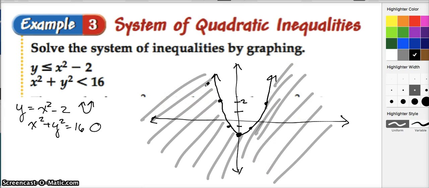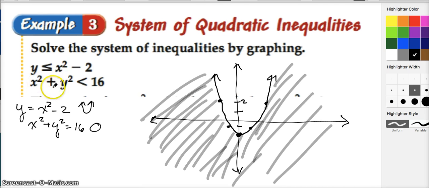Okay, so now I need to do the next one. So the circle is not included, but we want everything that is less than, in a sense, because x squared plus y squared is the circle, equaling to 16 would be circle, but oh no, I'm sorry, we want 16 to be greater than this value. So if 16 is greater than this value, that means we want everything inside of the circle.